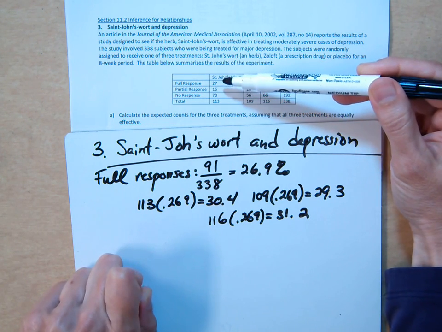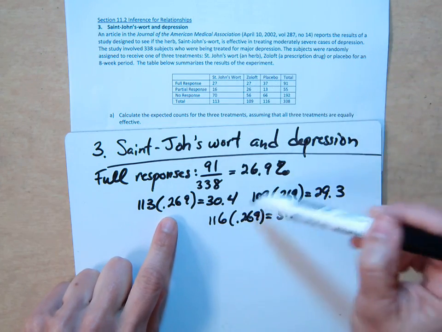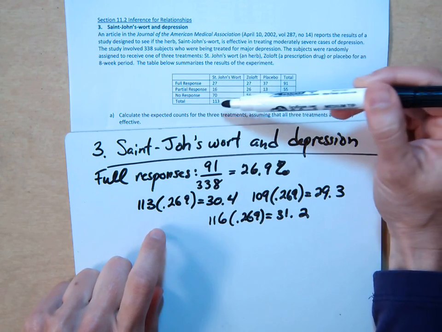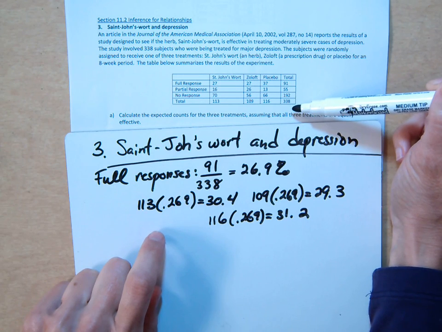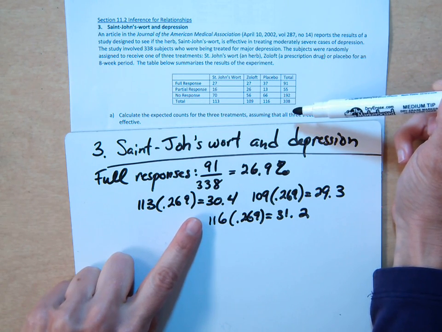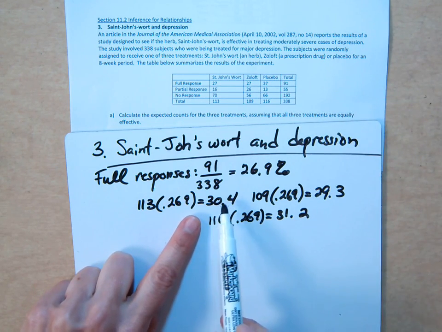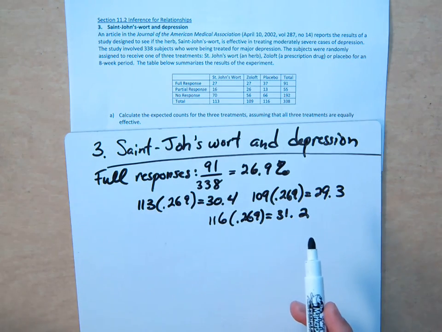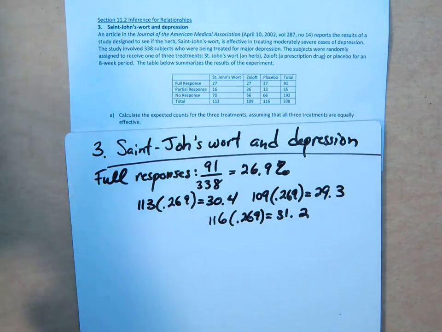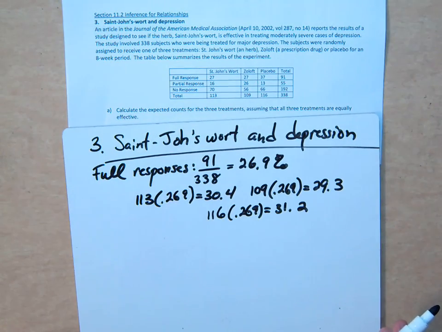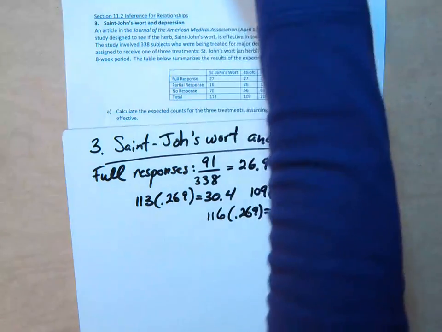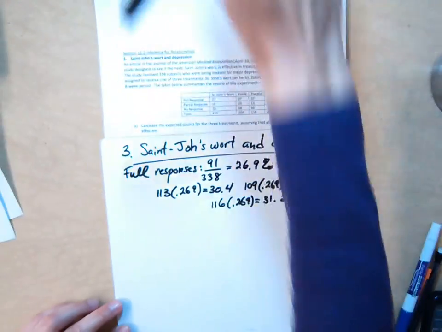So for the expected count, instead of doing this whole process, you could just do 91 times 113 divided by 338, and you should get 30.4 by doing this shortcut. So instead of going through and doing that for every cell now, we'll just assume you're going to practice that in the examples in the homework.